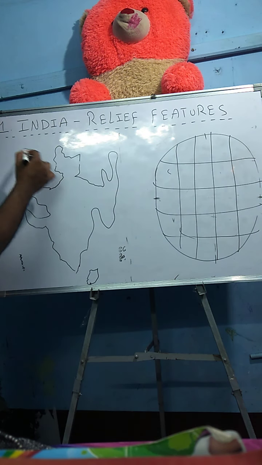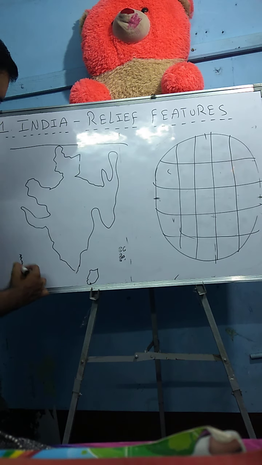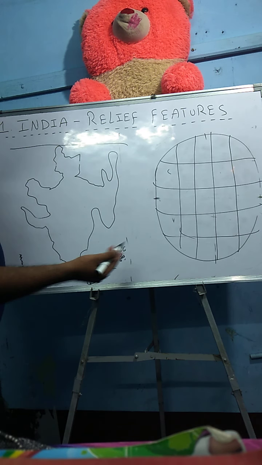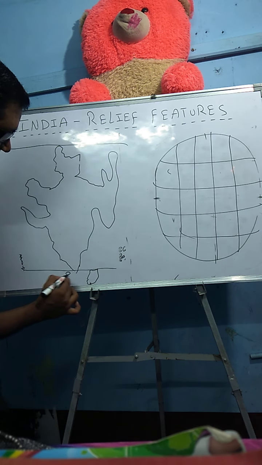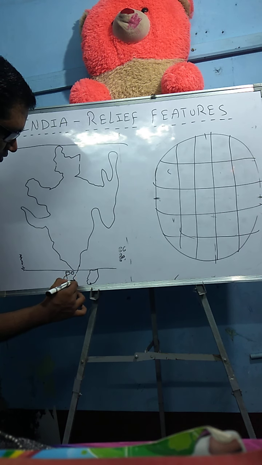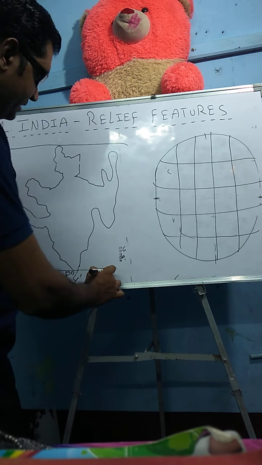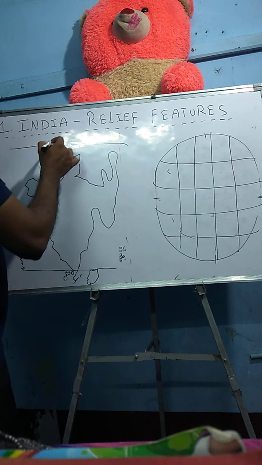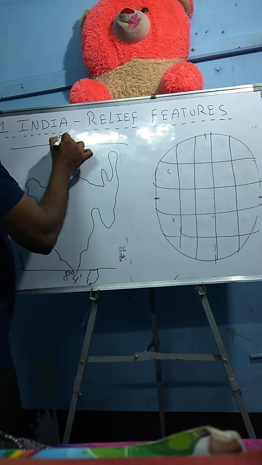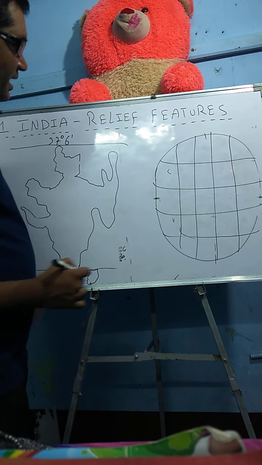Here the latitude degrees: India is located between 8 degrees 4 minutes and 37 degrees 6 minutes latitude.